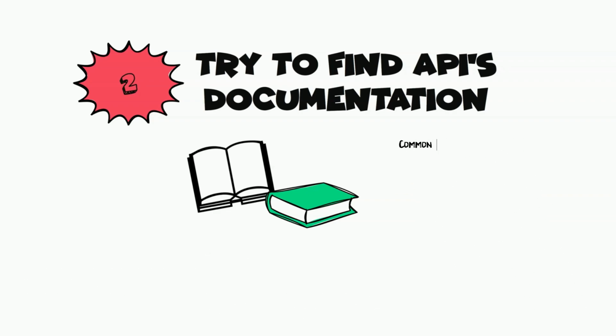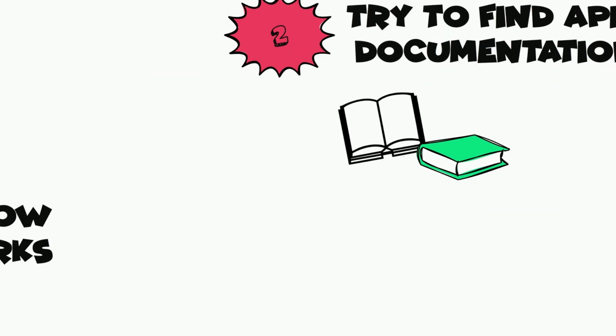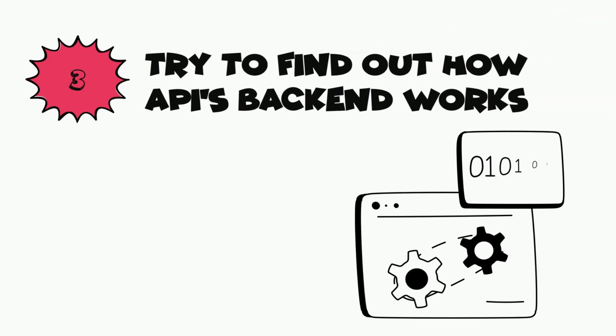Documentation is incredibly valuable during pen testing because it shows you exactly how the API is supposed to work, what parameters it expects, and how authentication is handled, which helps you quickly identify where the actual implementation might have security gaps.